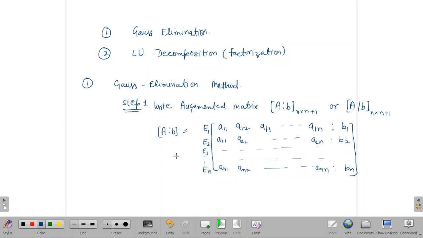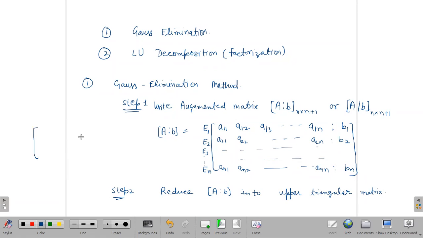So now our aim in this step: first we have written the augmented matrix. Then in step 2, reduce this matrix A colon B into upper triangular. What is an upper triangular matrix?